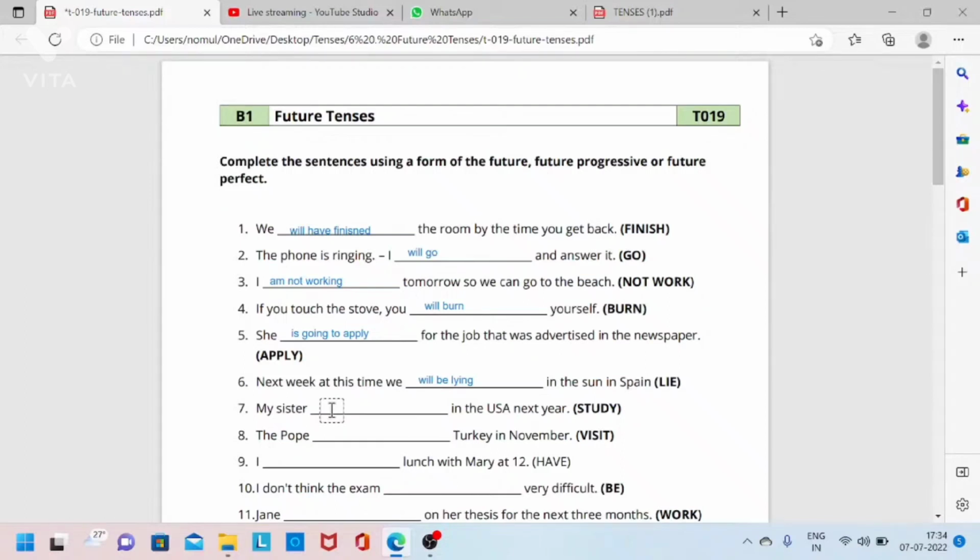And yeah, so let us continue with the seventh now. So my sister dash in the US next year. So using study we have to complete this. Try to use the equations which I have already given in the videos about the future tense. Using those equations you can easily complete it. Just write all the equations on paper and see in which sentence we are using what.